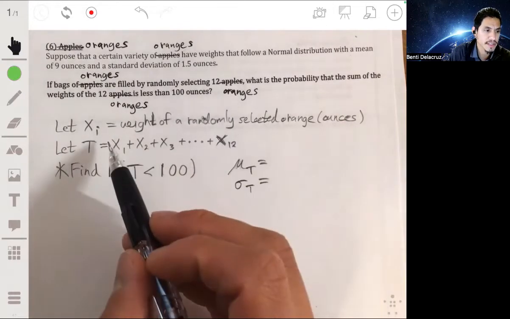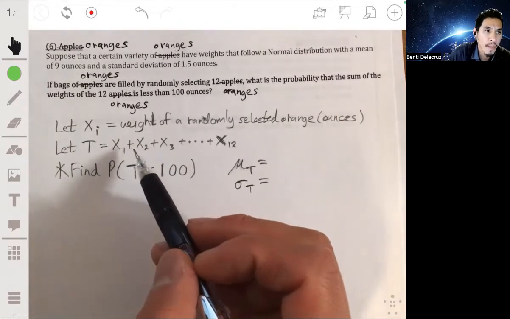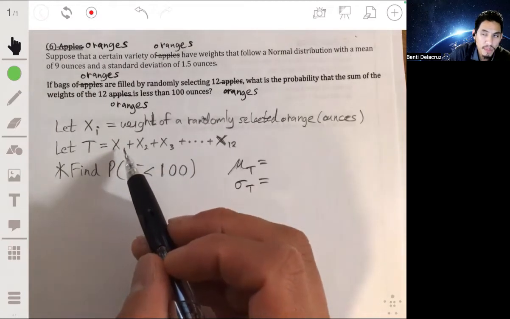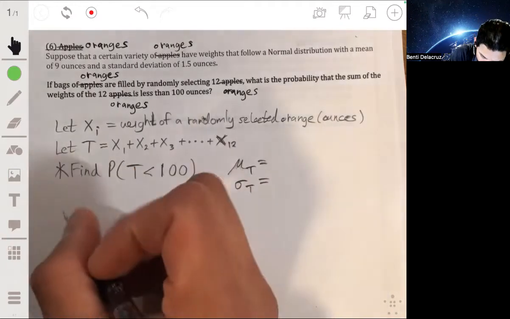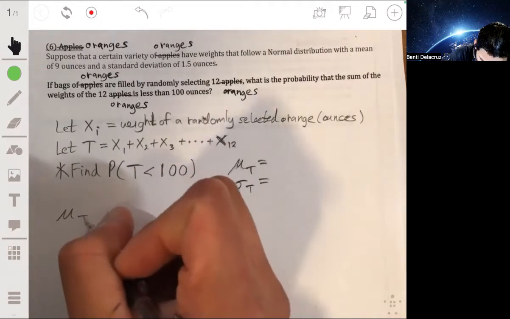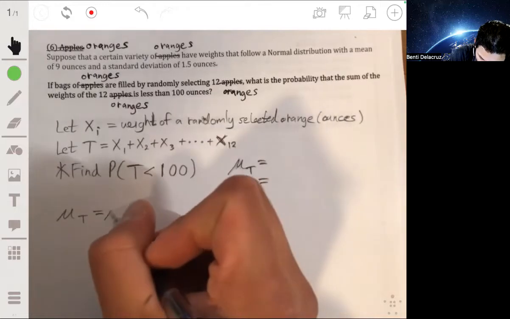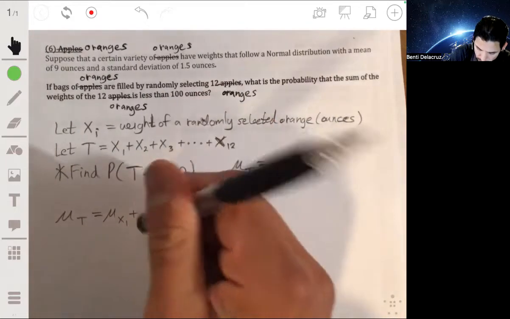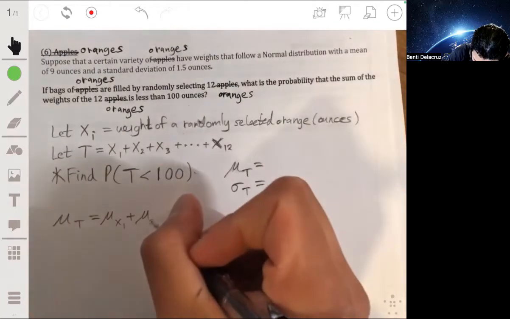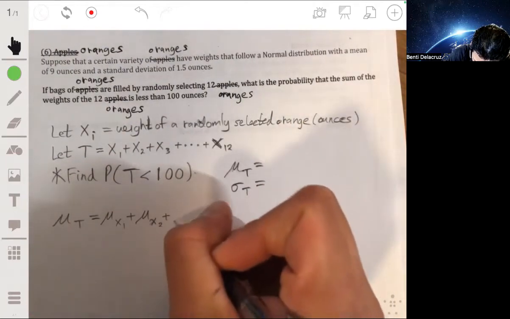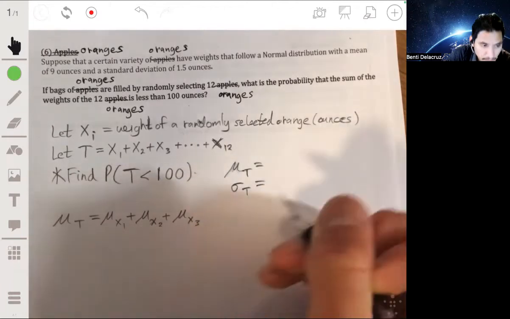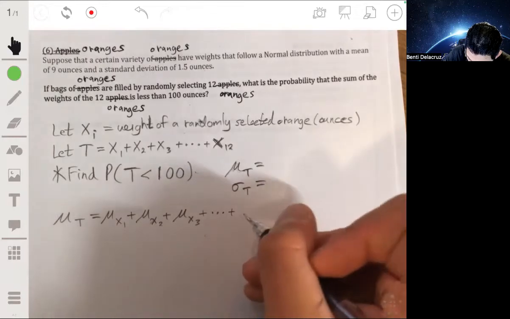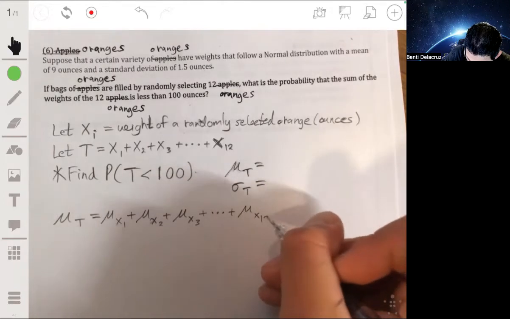Since t is the sum of 12 random variables, we simply add the means of those 12 variables. So the mean of t will be equal to the mean of x1 plus the mean of x2 plus the mean of x3 plus all the way till we get to the mean of x12, the 12th orange.